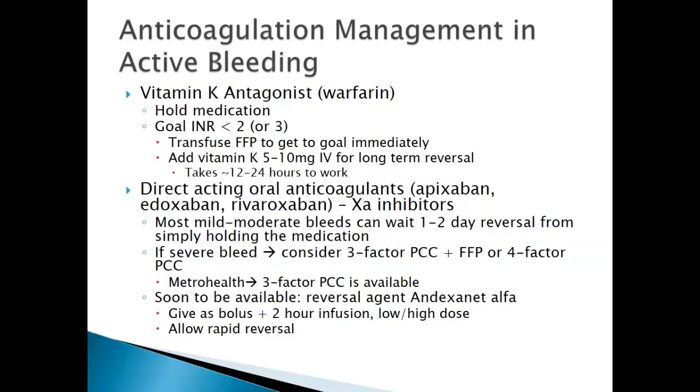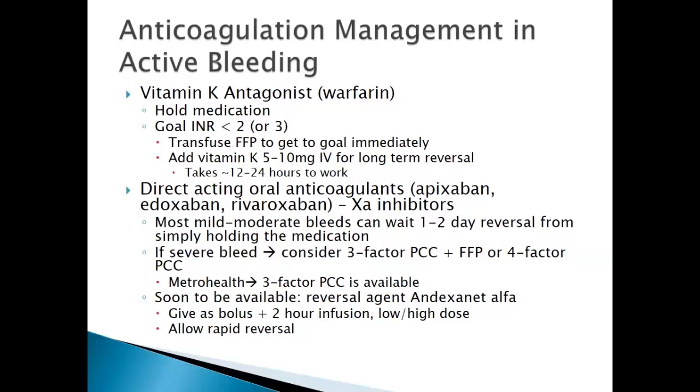The goal INR would be less than 2 or 3 in some cases, potentially maybe safe. To get to that goal, FFP is the immediate reversal agent, and because FFP has a half-life of hours, you add vitamin K 5 to 10 milligrams IV for a long-term reversal that takes about 9 to 12 to 24 hours.